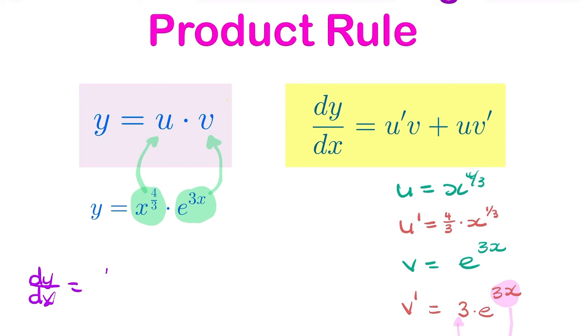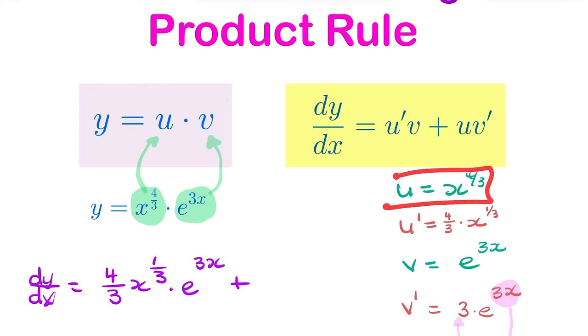So it's 4 over 3 x to the power 1 over 3 multiplied by e to the 3x plus u v dash, so that's this multiplied by that.